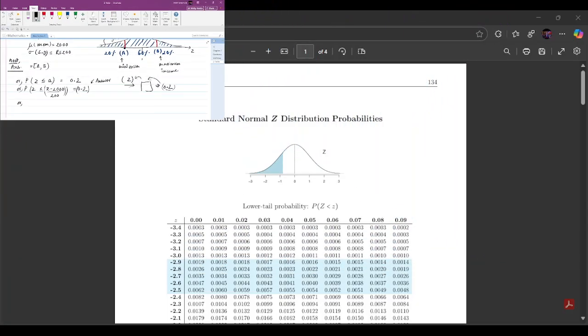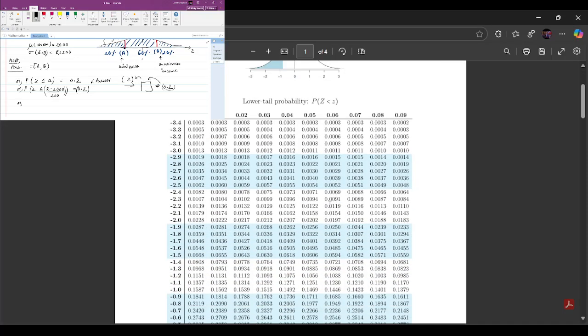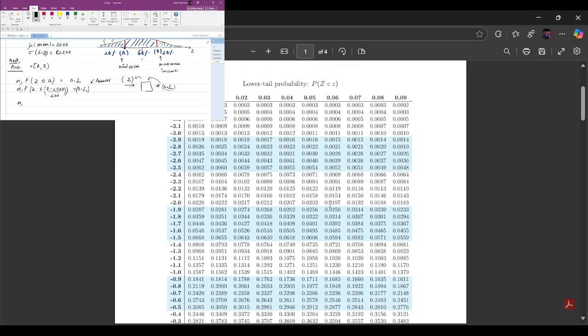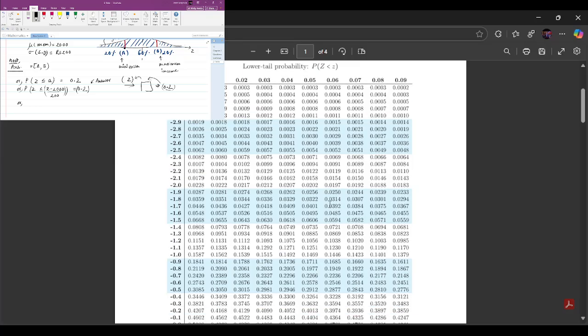So this is our Z table. Now you can see that our value is 0.2, and the most important thing is that this value is on the negative side.